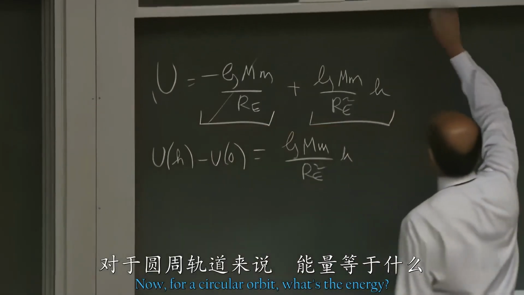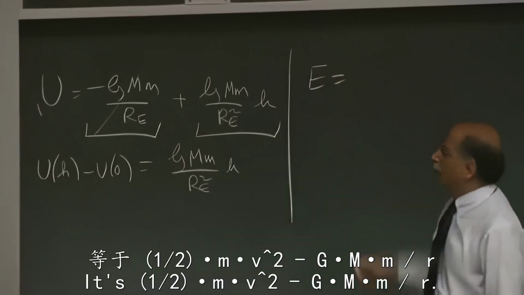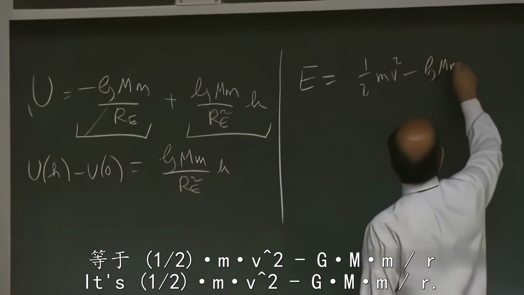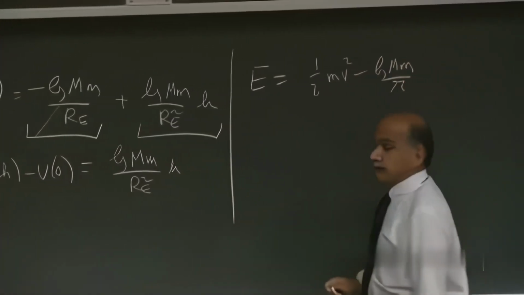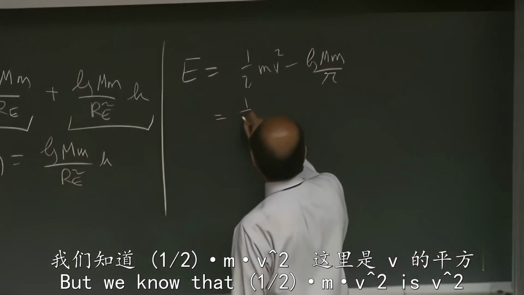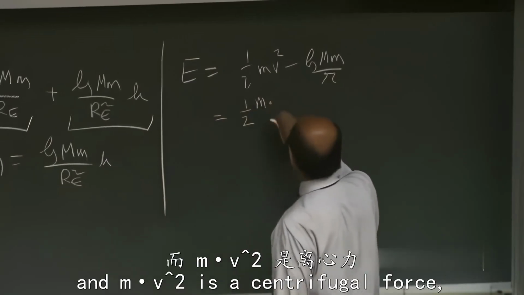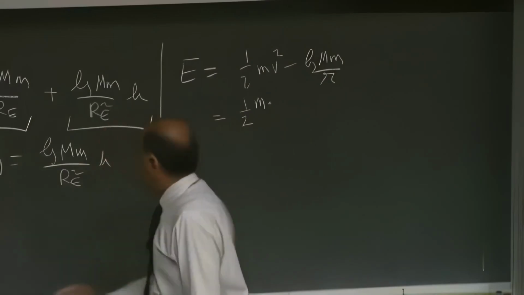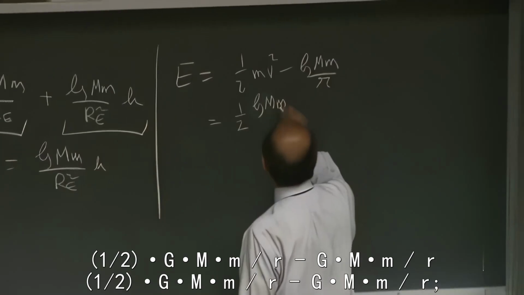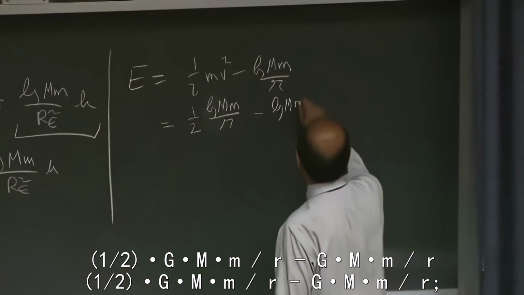Now, for a circular orbit, what's the energy? It's 1/2 mv squared minus GMm over r. But we know that mv squared is the centripetal force times r, and therefore you can write that as GMm over r minus GMm over r.